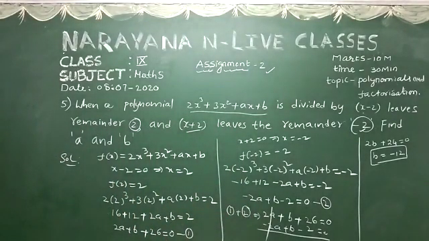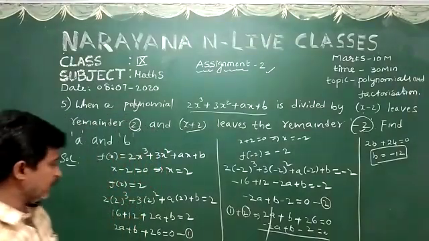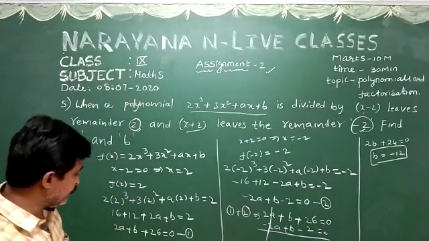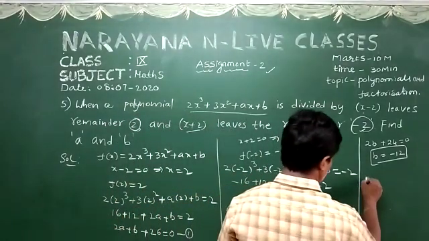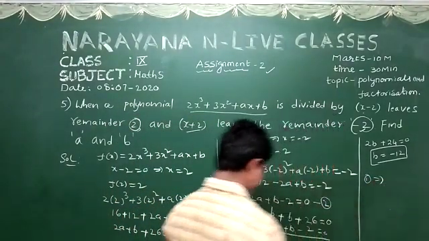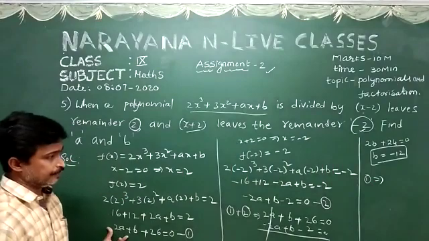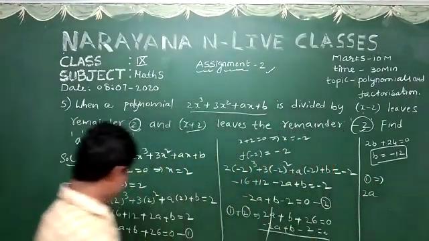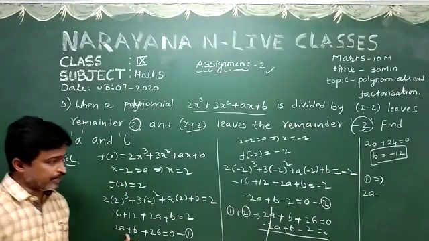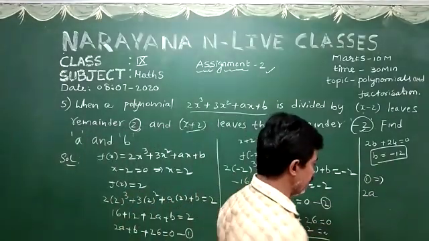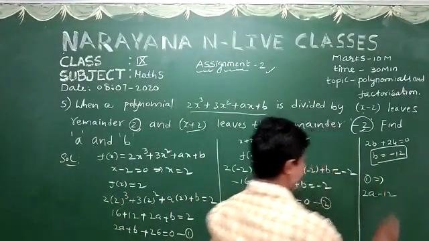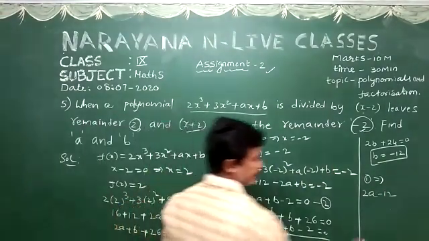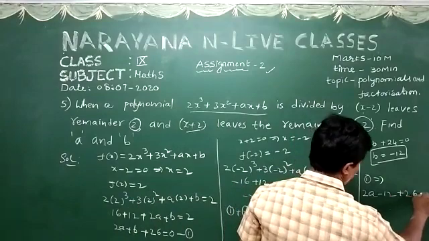Okay, and substitute b is equal to minus 12 in any one of these two equations. So I select equation 1. 2a plus b, the value of b is equal to minus 12, and the final constant is 26, plus 26 equal to 0.